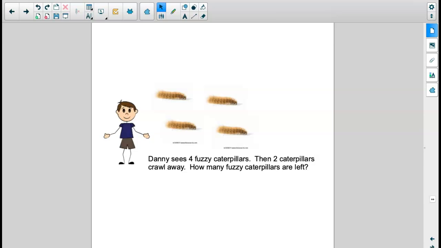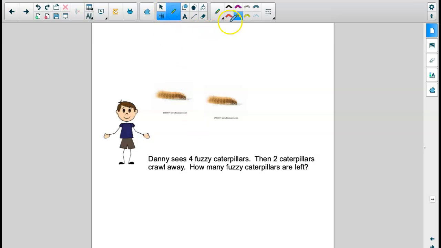Danny sees 4 fuzzy caterpillars. So make sure you have 4 of your counters, whatever you're using. 2 of the caterpillars crawl away. How many fuzzy caterpillars are left? Right, 2. So Danny saw 4 caterpillars.